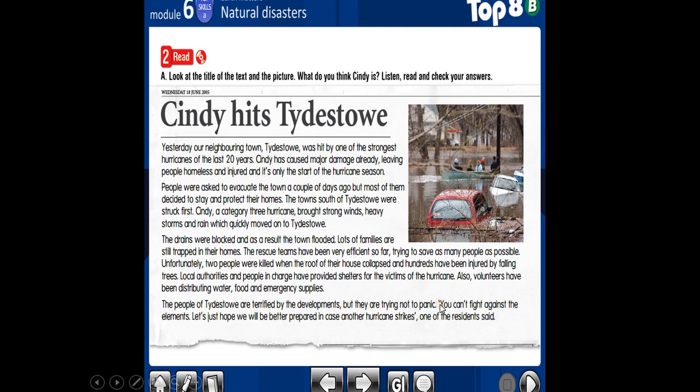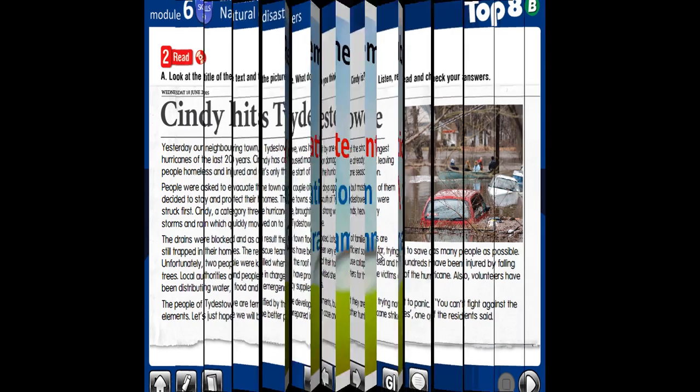Here is a quotation mark. "You can't fight against the elements. Let's just hope we will be better prepared in case another hurricane strikes," one of the residents said. There is a good quotation you can conclude your writing with. This is the example of a newsletter writing topic.